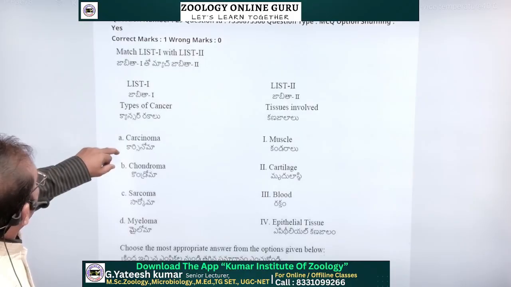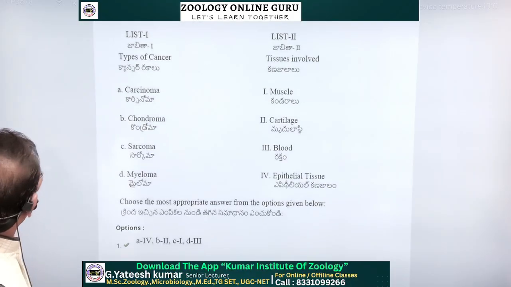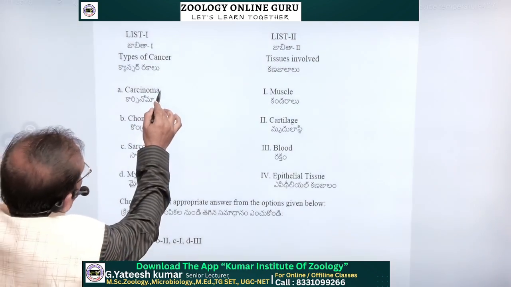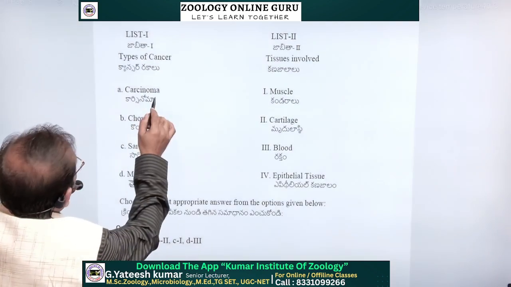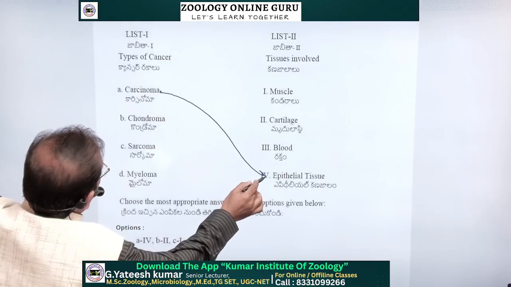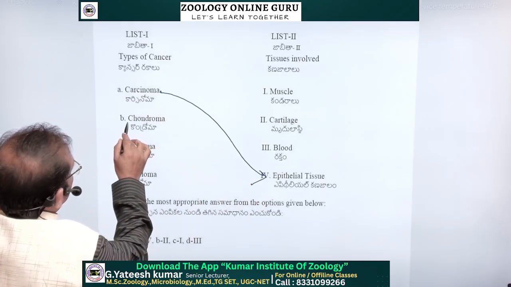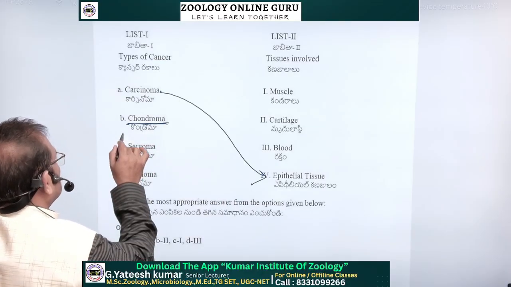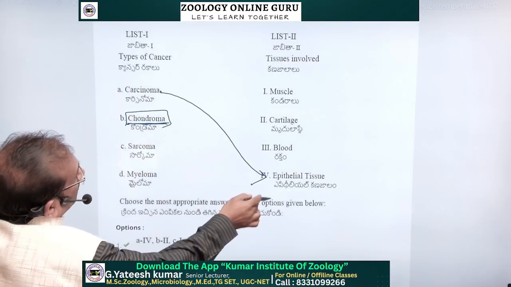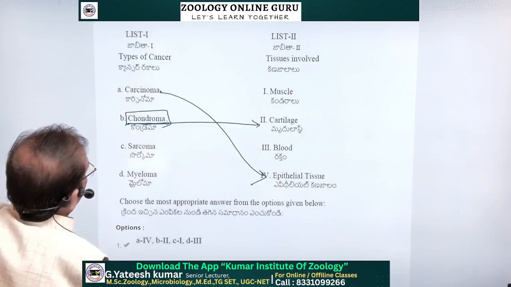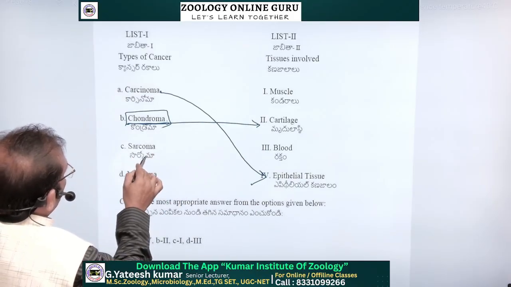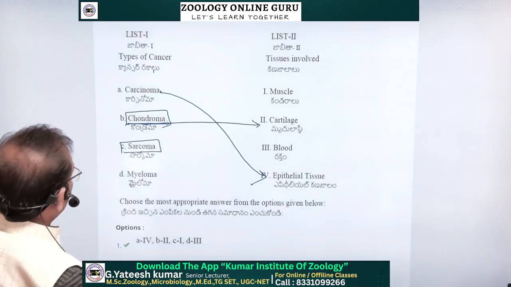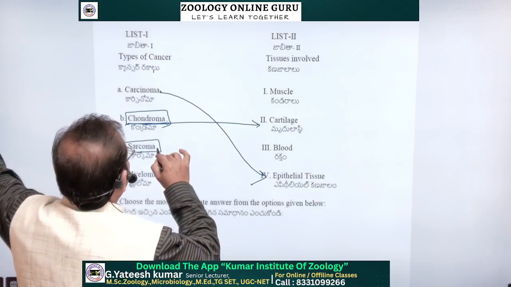Matching, type of cancer. Carcinoma, epithelial cells. Chondroma, cartilage. Sarcoma, it is called sarcoma, muscles.